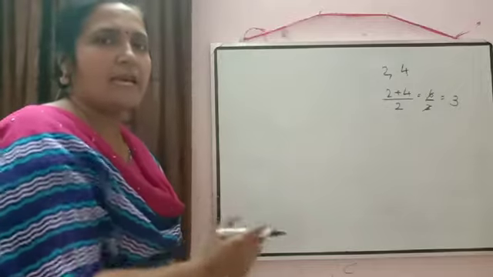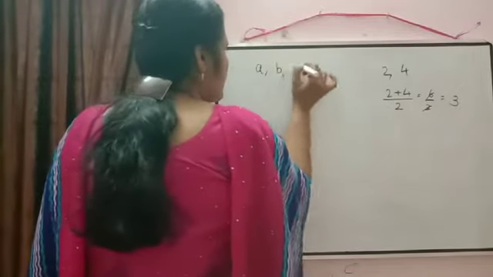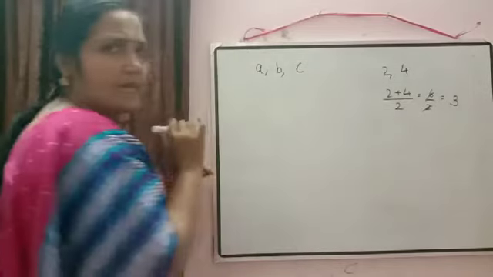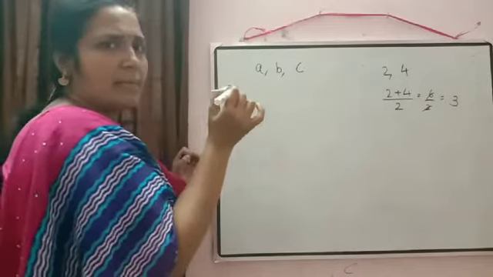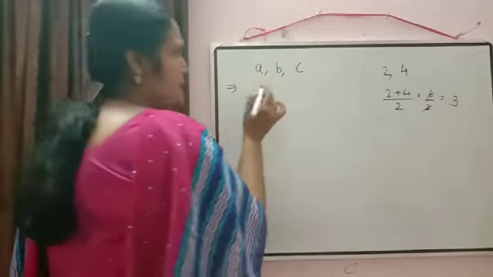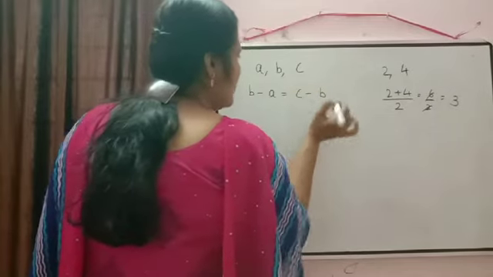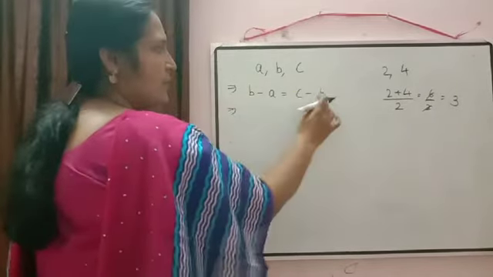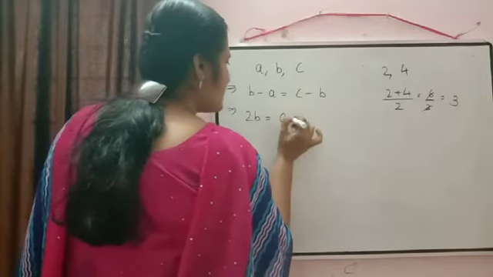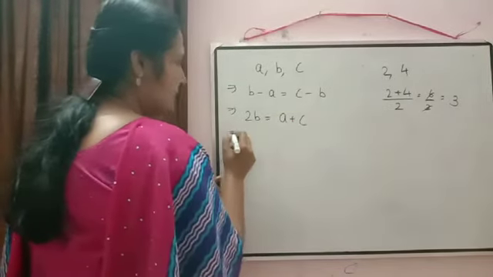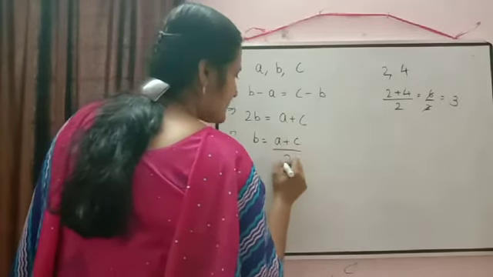Now if we relate this to AP, if three numbers A, B, C are in AP, then we know that when the numbers are in AP, their difference is the same, meaning B minus A should be equal to C minus B. Now if I shift this B here, then 2B is equal to A plus C, or we can write B is equal to (A plus C) by 2.